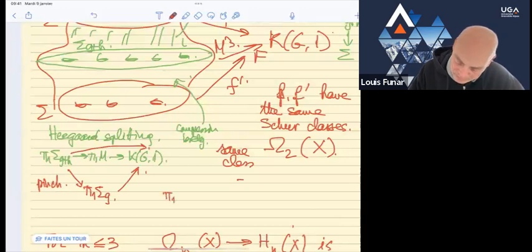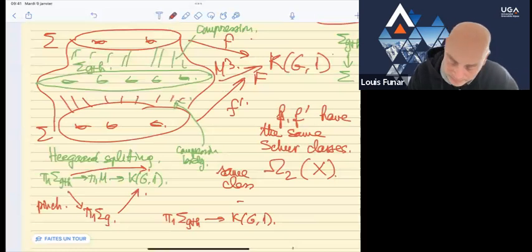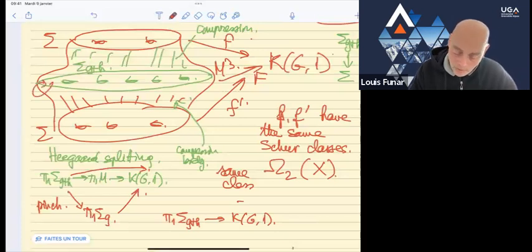We have two maps from pi1 of sigma G plus H into KG1, corresponding to the fact that here we have one compression body, the red one and the green one, and these are glued together along some homeomorphism.